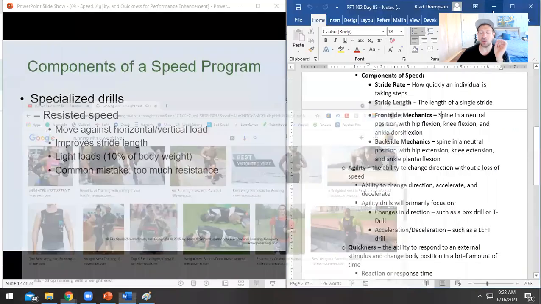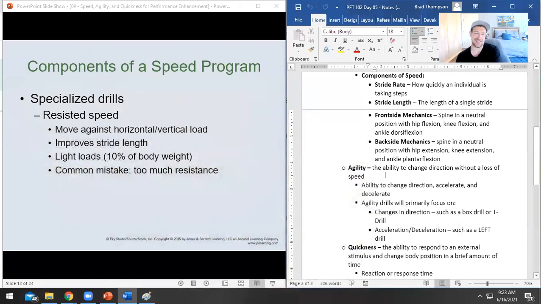However, I would also argue that it's not the best way to actually improve your speed, because you have to look at where the resistance is being loaded, right? Let's say I'm doing shoulder presses, and I want to make this heavier, I would add weight in a direction that I'm traveling.